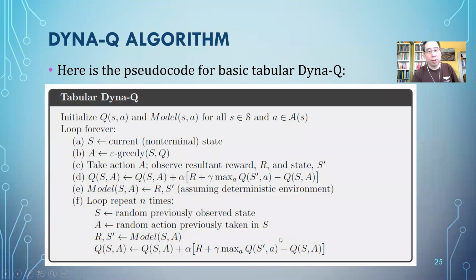So here's the pseudocode for our basic DynaQ algorithm. And again, we're doing this in a tabular world where we assume we've got a small number of states, and we're just keeping track of the value function for all state action pairs. So for this algorithm, we're going to pick our state.